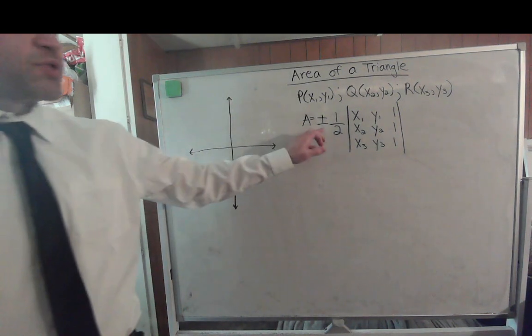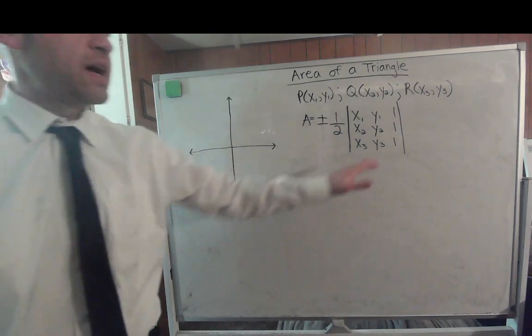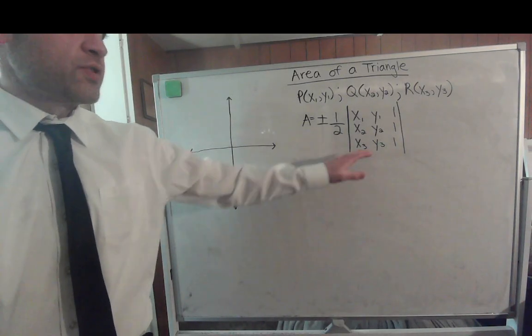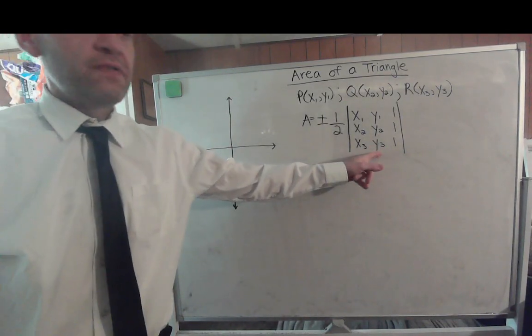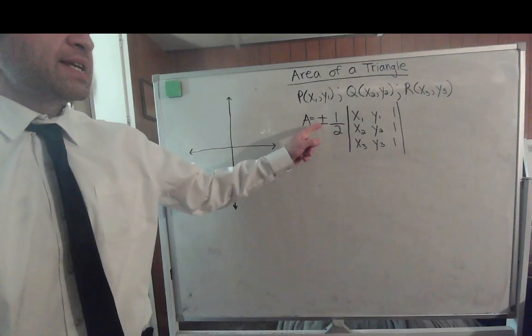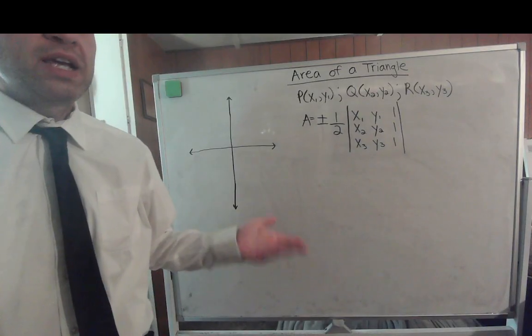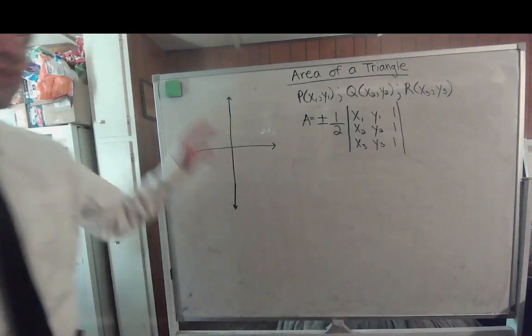The plus or minus 1/2 depends upon the value you get for the determinant. If you get a positive value, you take the positive 1/2. If you get a negative value, you need to take negative 1/2, because you can't have a negative area.